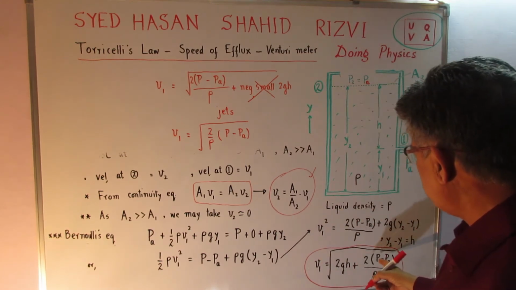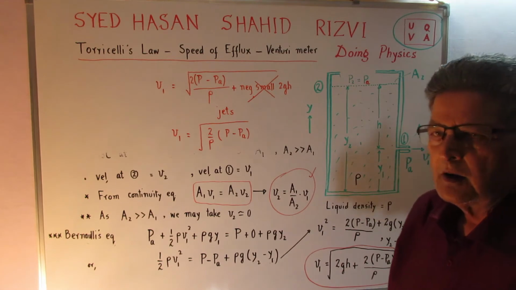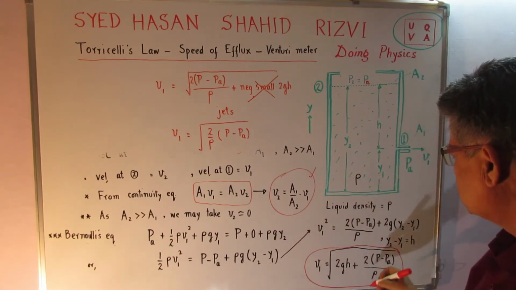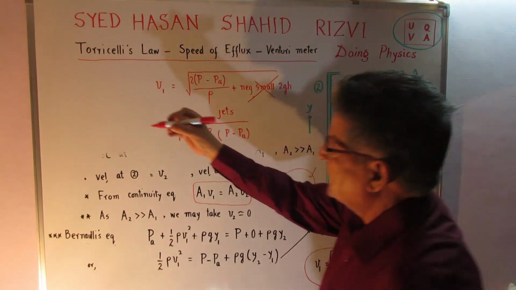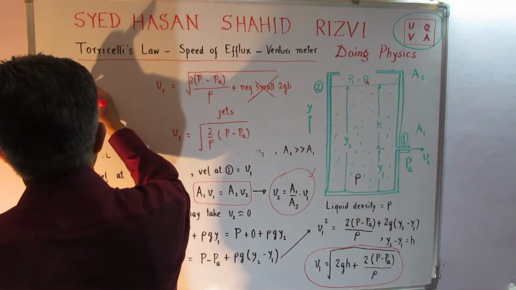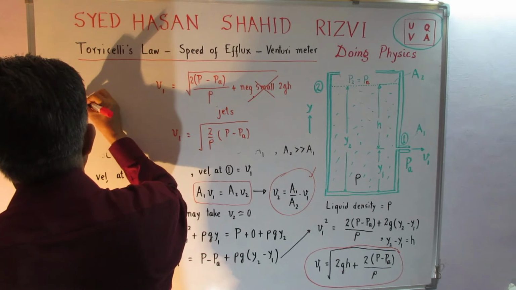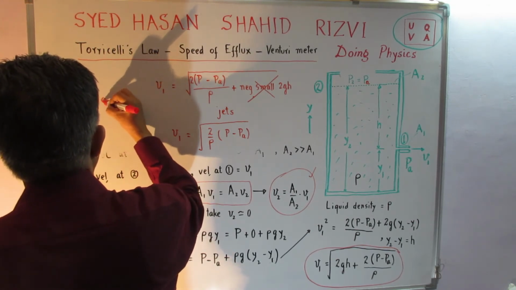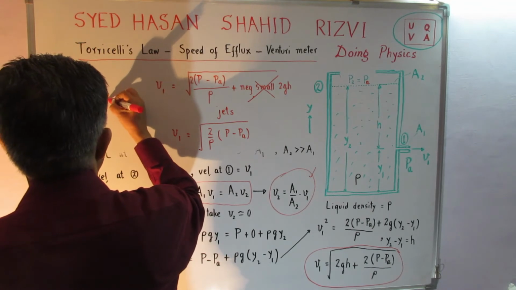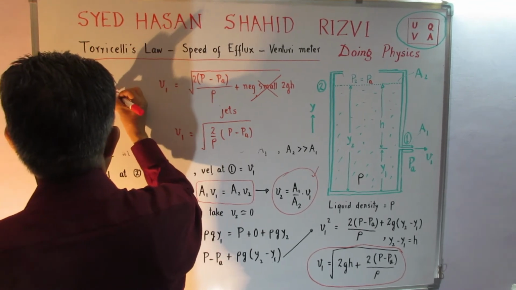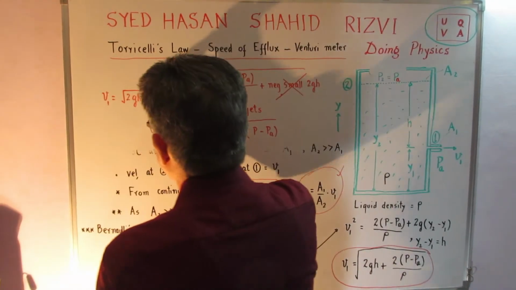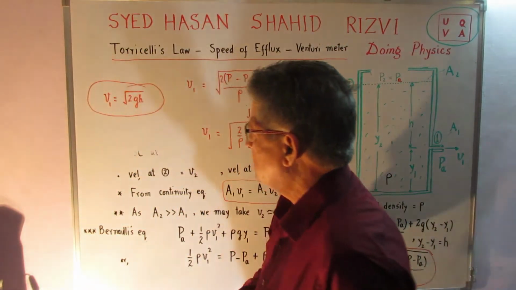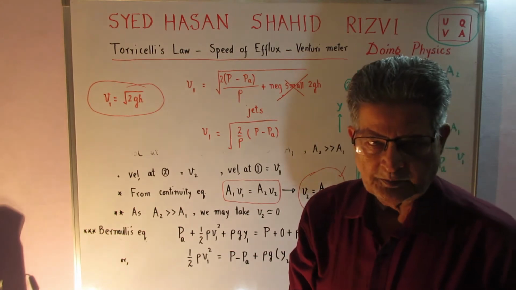So in this equation, P minus PA is equal to PA minus PA, and this term goes, and we get the equation V1 is equal to under root 2GH. Okay, so let's see if you can recall anything about under root 2GH.